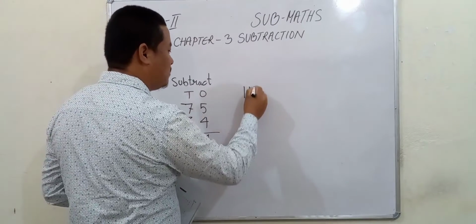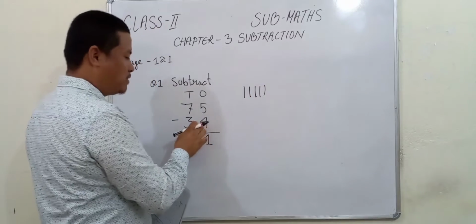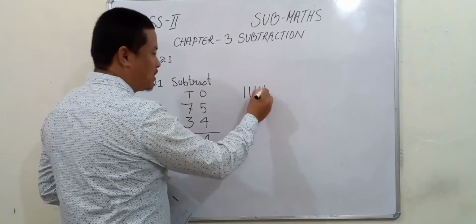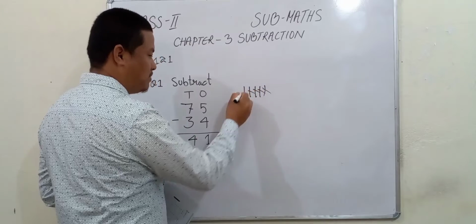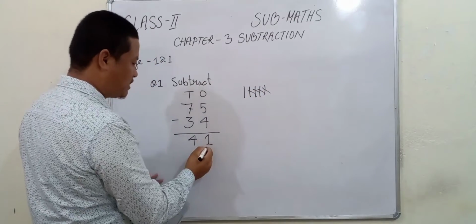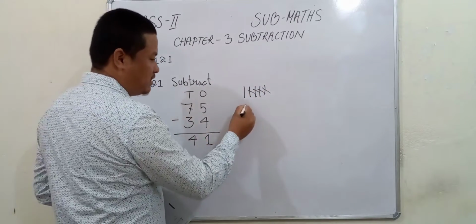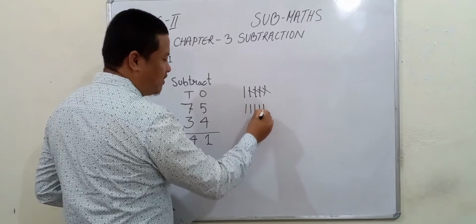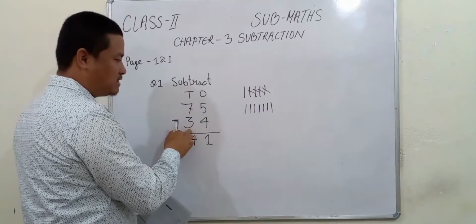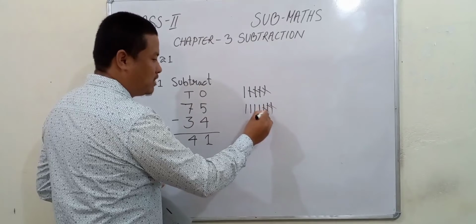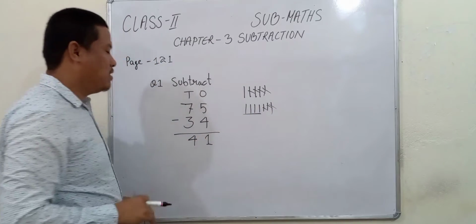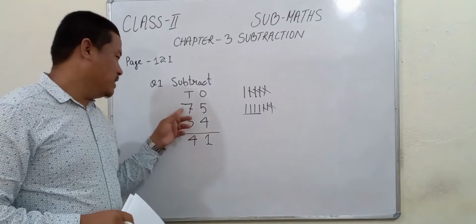Suppose 1, 2, 3, 4, 5. How much to take out? 4 numbers. So cancel 1, 2, 3, 4. The remainder is 1. So right here 1. 7 minus 3. 1, 2, 3, 4, 5, 6, 7. Minus 3. 1, 2, 3. How much remains? 4. So the difference is 41.